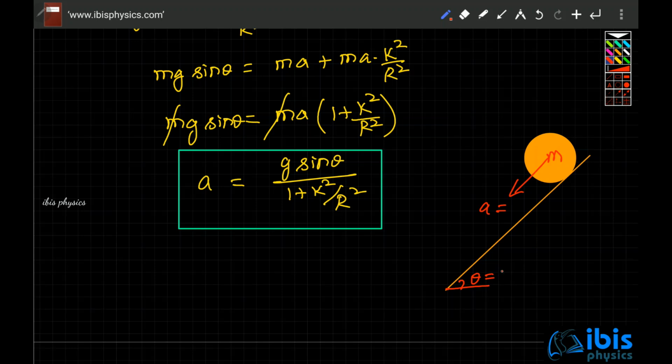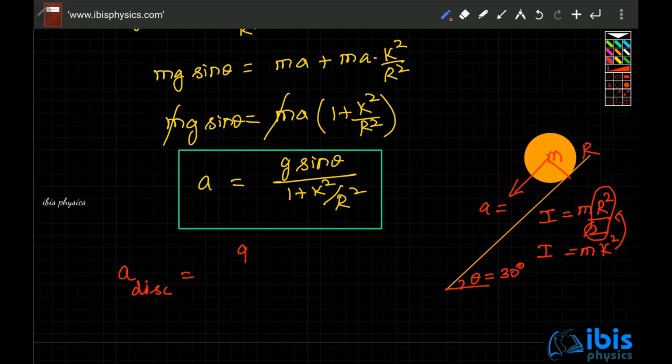If this theta is 30 degrees and this is a disk of radius r, the moment of inertia of a disk can be written as m r square by 2. Any moment of inertia is m k square, where k square here is r square by 2. Then the acceleration of a disk down an inclined plane will be g sine 30 degrees by 1 plus r square by 2 by r square.